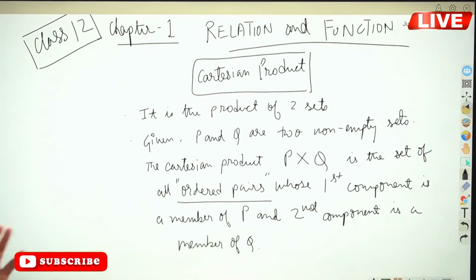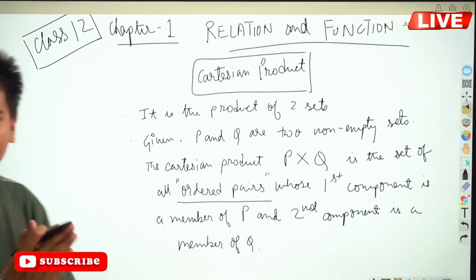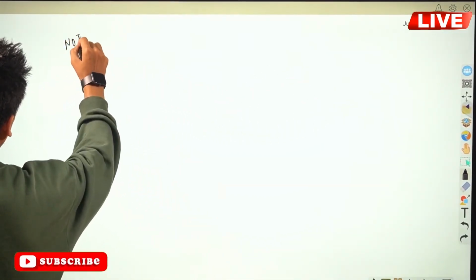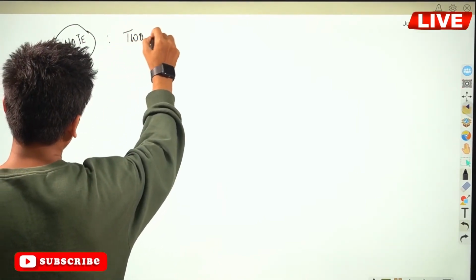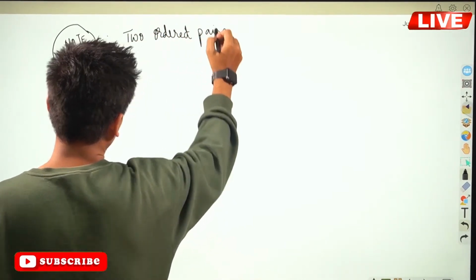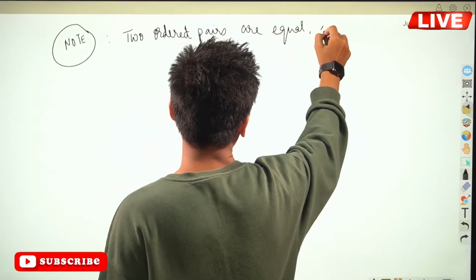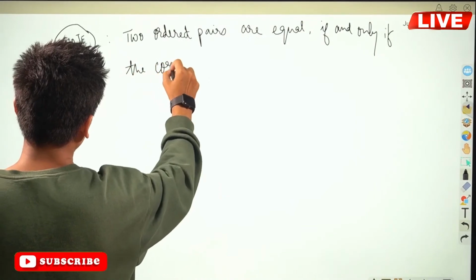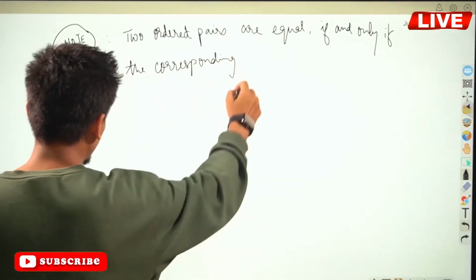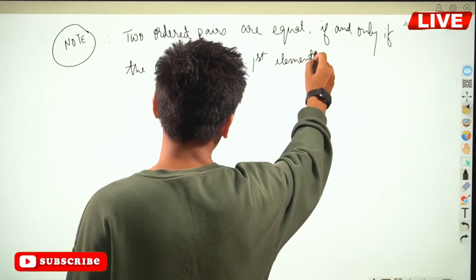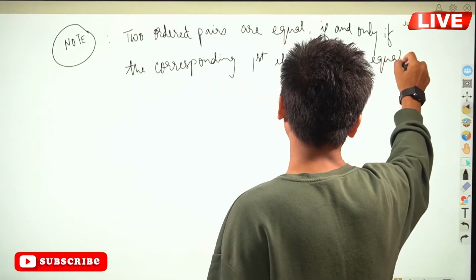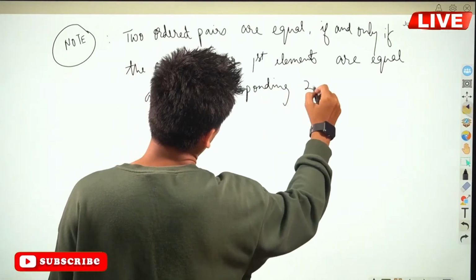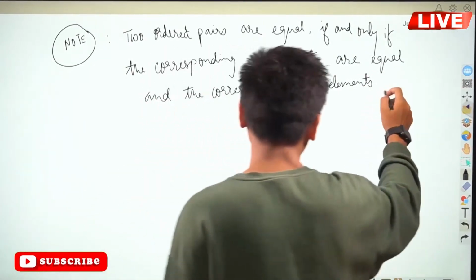Also, we have learned that two ordered pairs are equal if and only if the corresponding first elements are equal and the corresponding second elements are also equal.